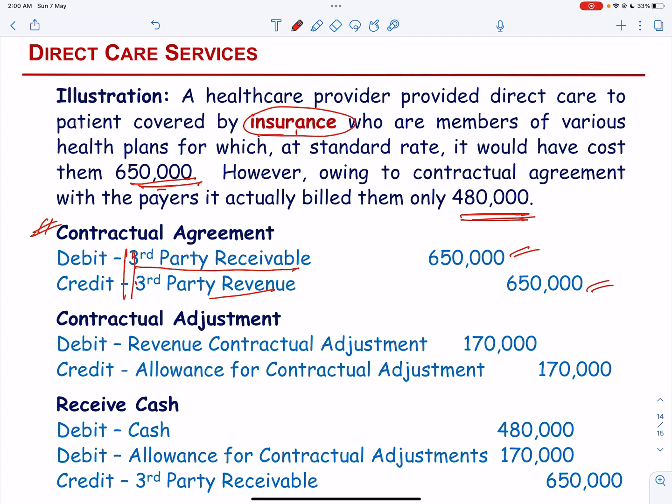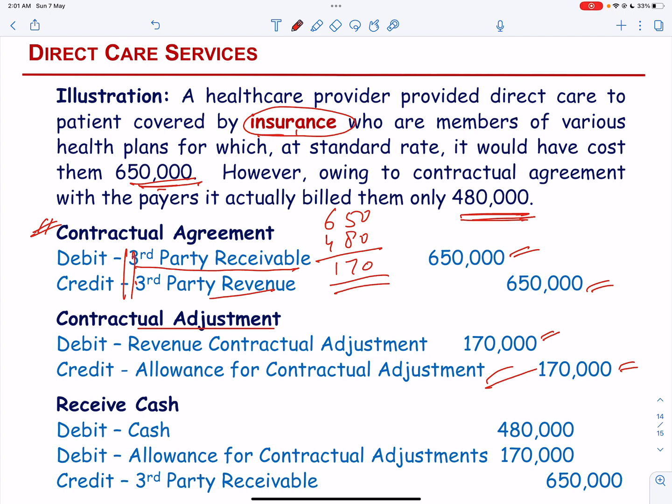That's why we record it as third party receivable. Then we are going to record the contractual adjustment, and we are going to debit revenue contractual adjustment of 170,000. It is 650 minus 480, it is 170,000. And allowance for contractual adjustment, this is a contra entry for 170. Then the hospital receives cash.